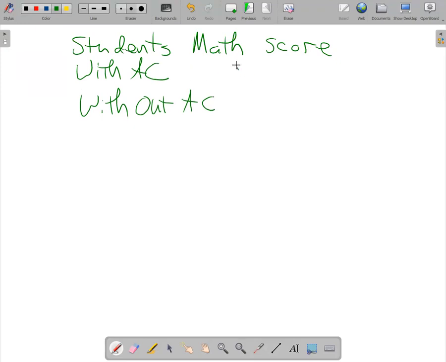So we're going to find the average math score for the people that had AC. So maybe I'll call those average with a little AC down there. And then we're also going to have a sample average for the people that did not have AC. So maybe I'll put a no for them. And we're wondering, if it's a heat wave and you have to think really hard, does having AC or sweating your butt off matter?